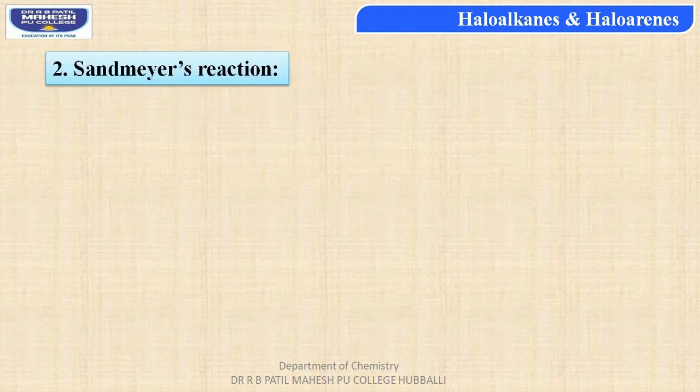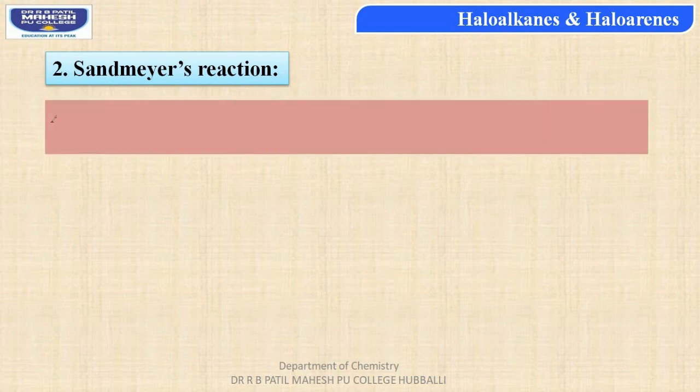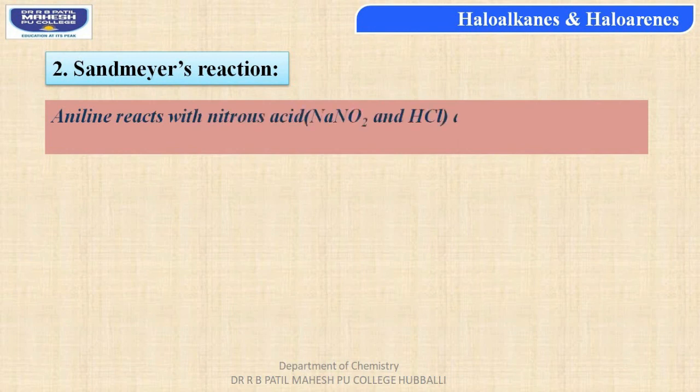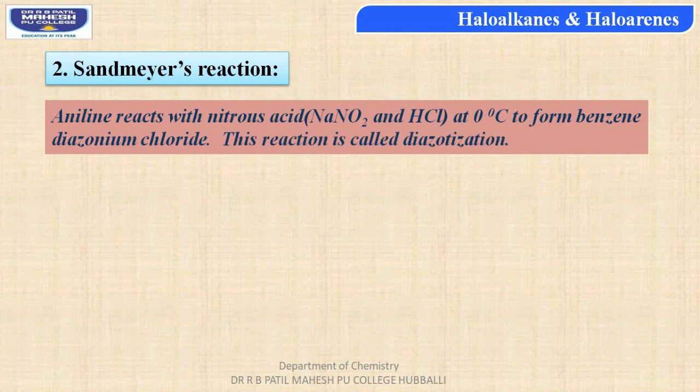The second method for the preparation of haloarenes is Sandmeyer's reaction. In this case, students, aniline reacts with nitrous acid, that is a combination of sodium nitrite in the presence of HCl at 0 degrees Celsius, to form benzene diazonium chloride.